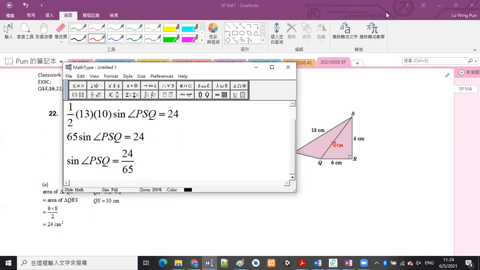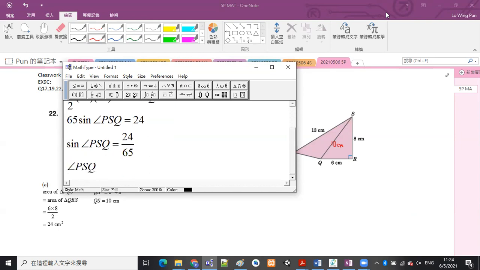Should be 21.668 something, right? So angle PSQ is equal to 21.668188466 degrees. Okay. But when you use shift sine here, you need to consider the two possibilities.